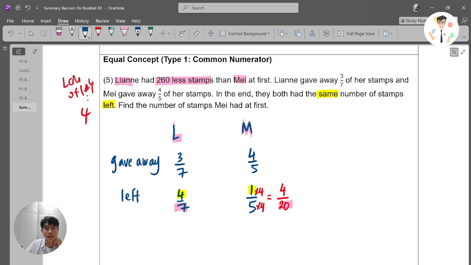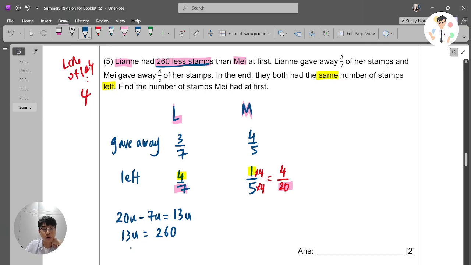Now, 7 units is how many less than 20 units? We just use 20 units minus 7 units, right? I know it's 13 units less than that. And I know this 13 units is exactly what I'm referring to here, which is the 260. So 13 units is 260. And if 13 units is 260, I know that 1 unit is equal to 20.